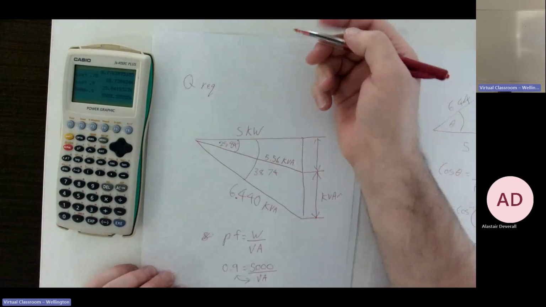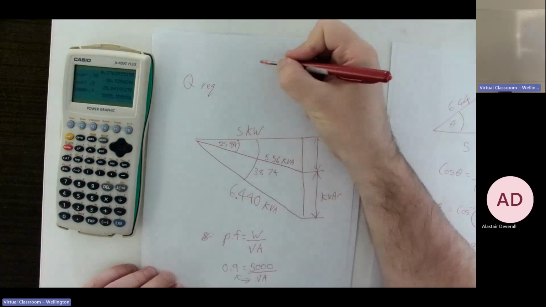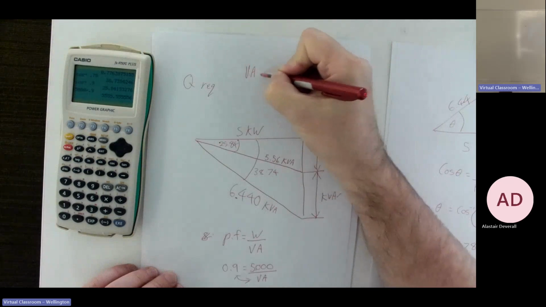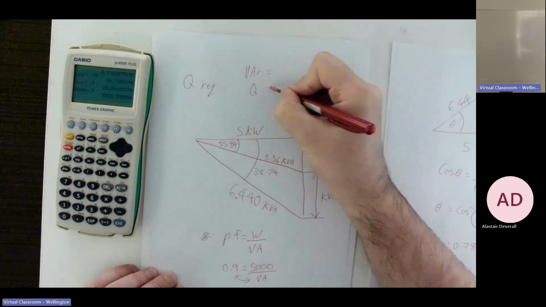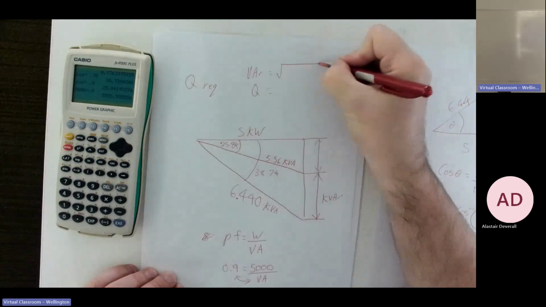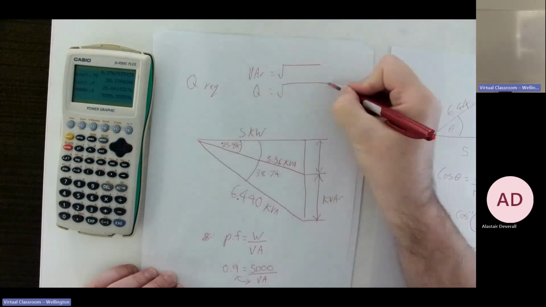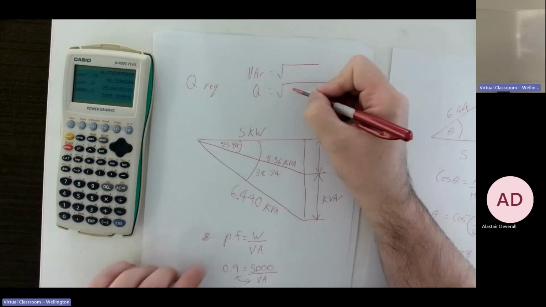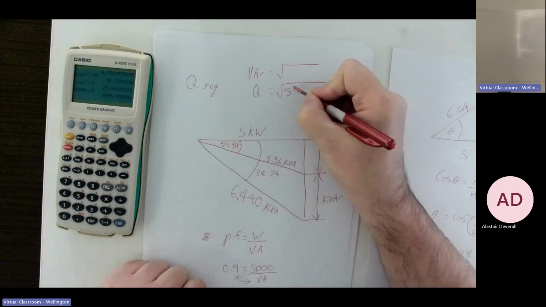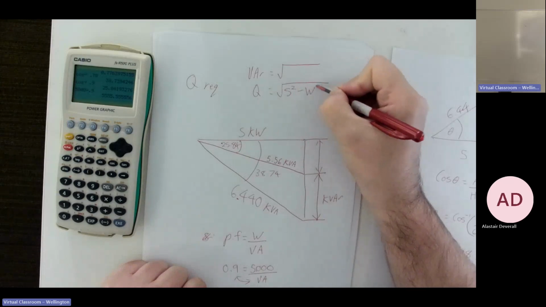So with Pythag, our VAR, or our Q, equals the square root of S squared minus W squared.